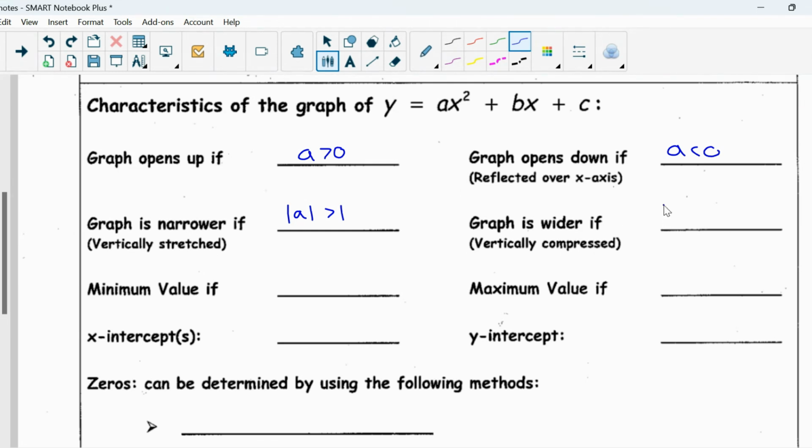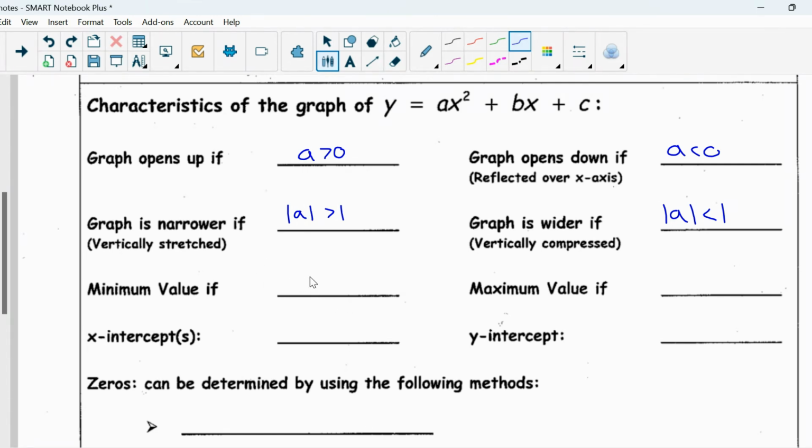Well, when the absolute value of a is less than 1, your graph will be wider. This is like if we would have a fraction or a decimal. I think of this as slope. If you have a higher slope, you have a more narrow graph, and if you have a lower slope, your graph opens wider.